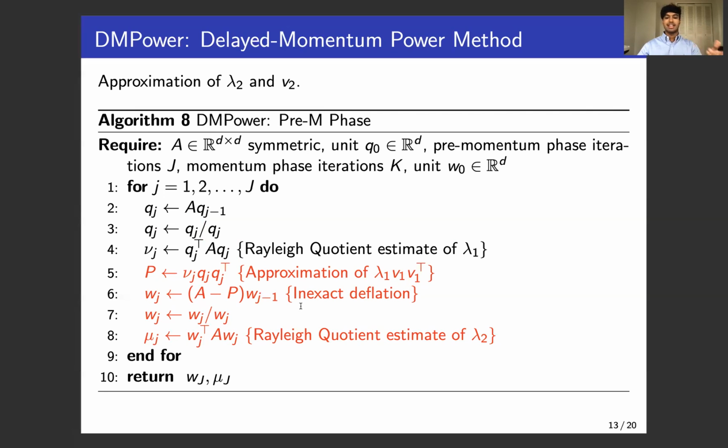So this is why we call this an inexact Hotelling deflation. By using this inexact deflation, we are gradually approximating the second dominant eigenvalue and the second dominant eigenvector. So this W sub j, we hope will go towards V sub 2, which is the second dominant eigenvector, and this mu sub j should go over to lambda sub 2.